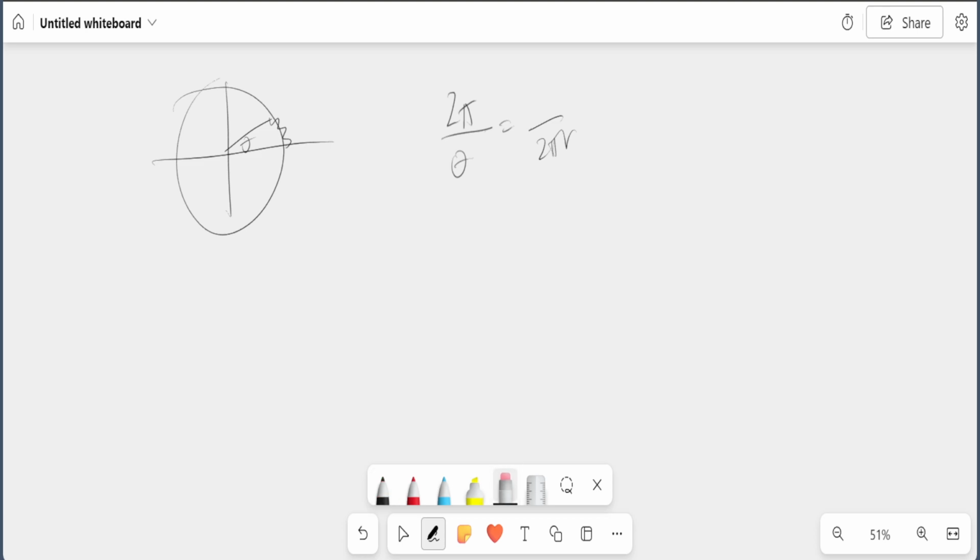Other way around, whoops. These ratios are going to be the same, and we'll put s here. So s times 2 pi is equal to theta times 2 pi r. So theta r is equal to s, right? r theta is s.